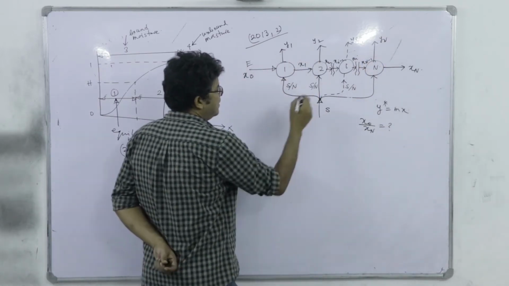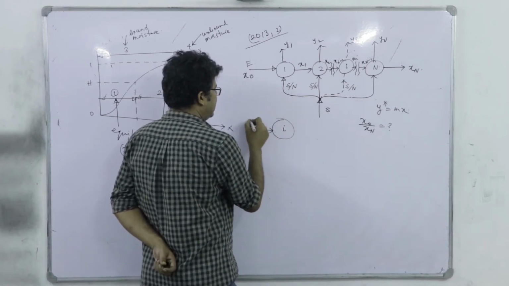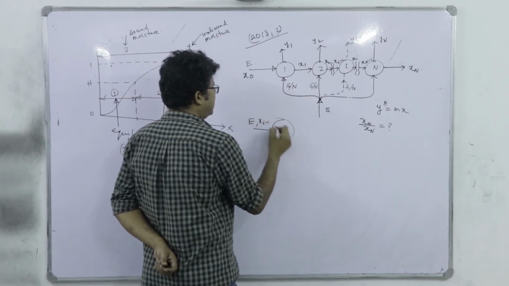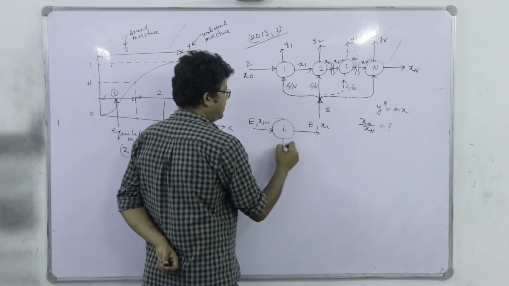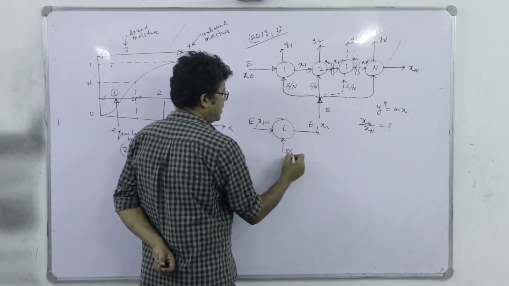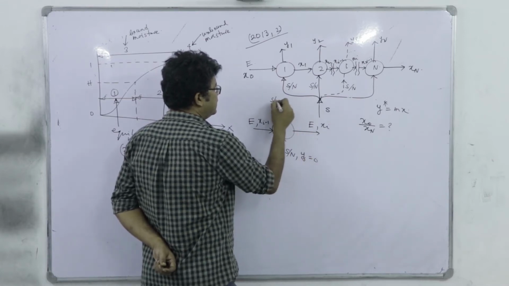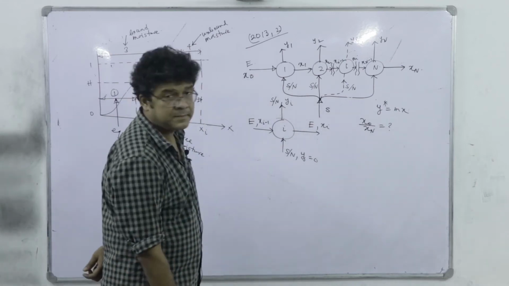Fine. So if I draw this ith stage, here we have feed E with xi minus 1 going in, and E with xi going out. Here S by n with ys equal to 0 comes in, and S by n yi goes out.